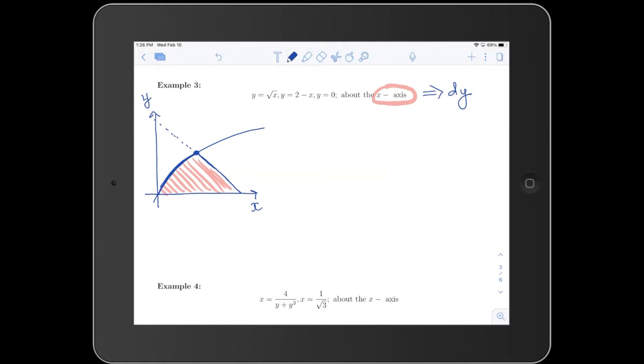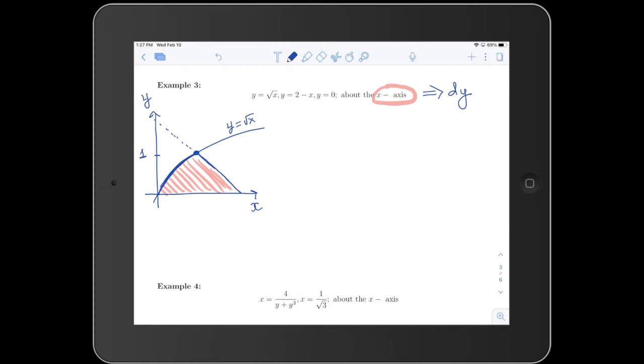Let's go ahead and find this point right here. For y, this point will be 1. You can set up these two equations and solve for them: you set up y is equal to square root of x is equal to 2 minus x, you find your x, and then you plug it into one of those expressions. This is my function y is square root of x.